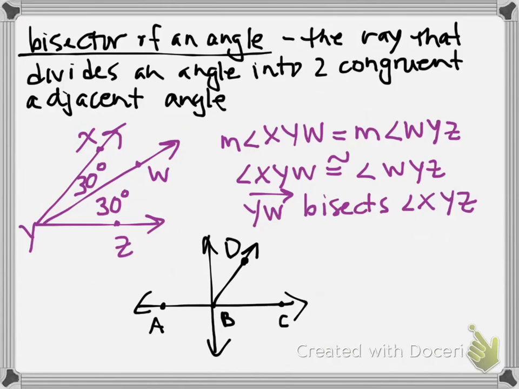And if you see some tick marks, I think often they're red, those tick marks represent that you have congruence going on. So that's basically telling you that segment AB is congruent to segment BC. All right, good luck.